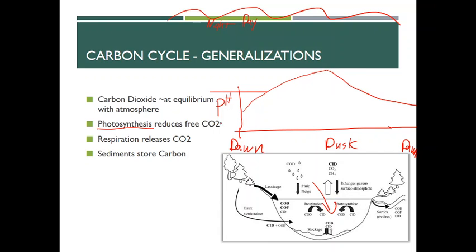And that's because CO2 during the day is being taken up, so pH will go up. And at night, no photosynthesis is happening, CO2 is just being released, and the pH will go down. And it'll depend on how buffered the system is, how much carbon is actually dissolved in that water, to see how much it'll go up and down.